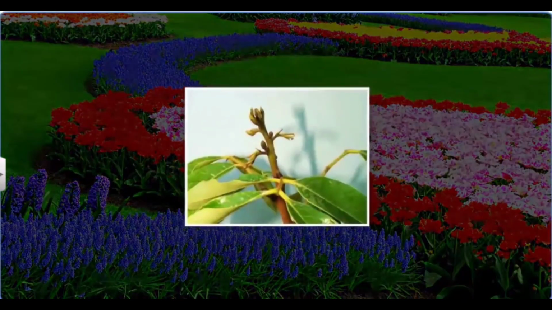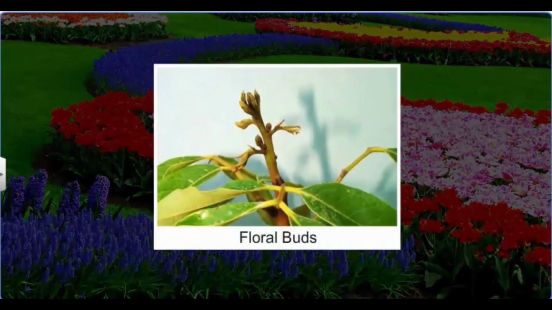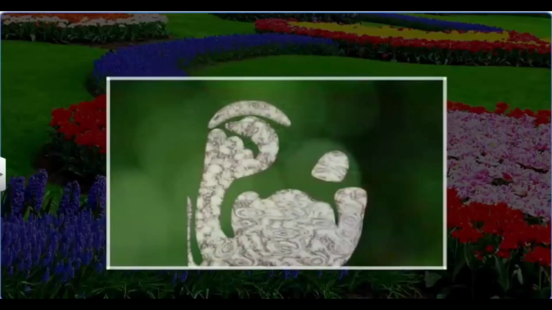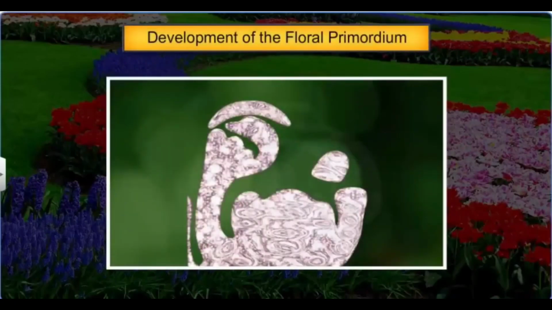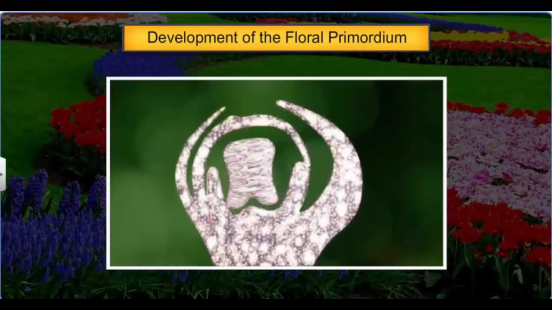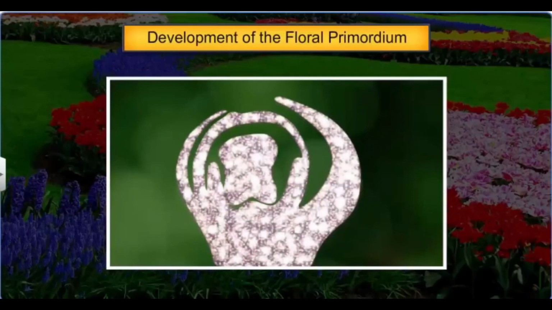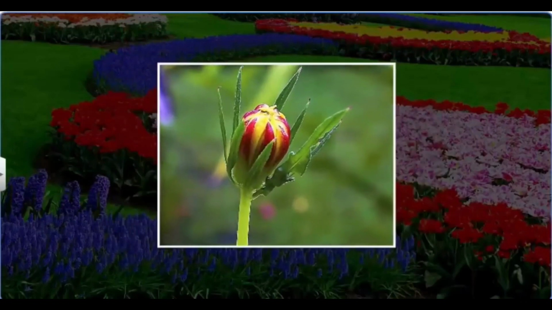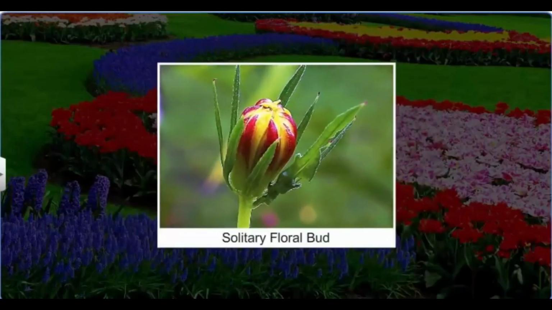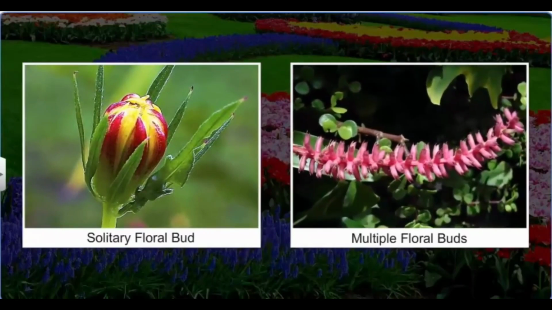These changes lead to the differentiation of vegetative buds into floral buds and the development of the floral primordium, the rudimentary or preliminary stage of the flower or the flowering shoot. This primordium either bears a solitary floral bud or inflorescences that bear multiple floral buds.